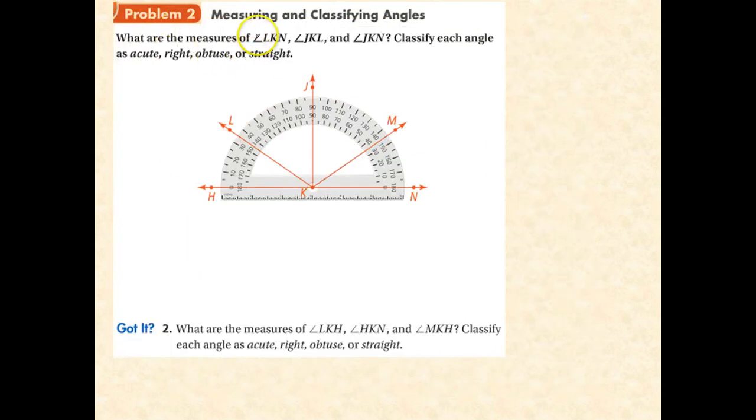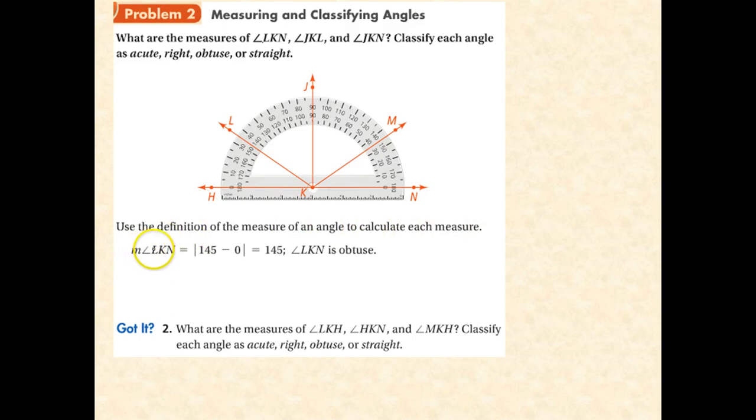Alright, so what are the measures of angle LKN, JKL, and JKN? And then classify them as acute, right, obtuse, or straight. All right, so we are going to use the definition of the measure of an angle to calculate each measure.